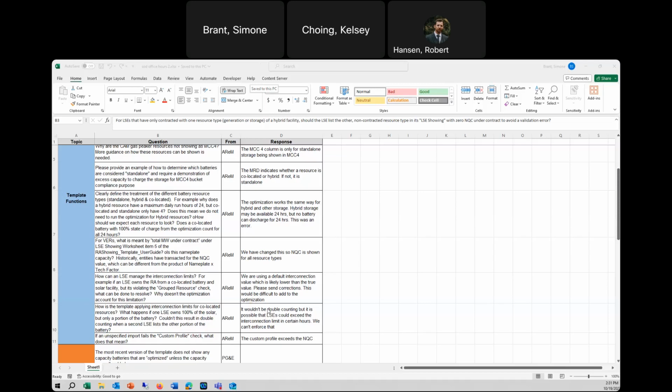The template will say that it doesn't pass the grouped resource check. So it checks it for you, but it doesn't incorporate that into the optimization.